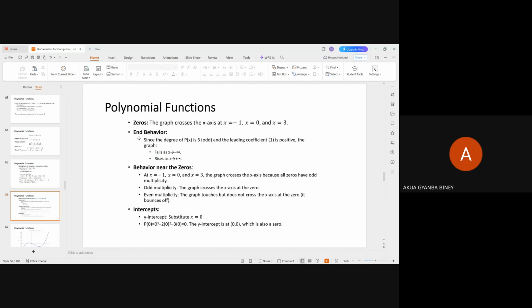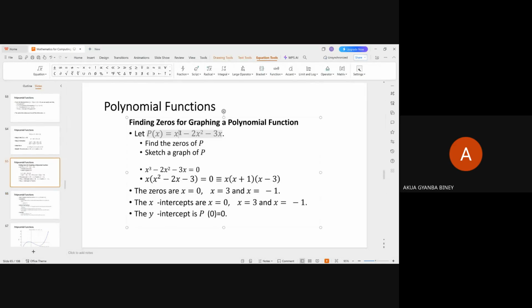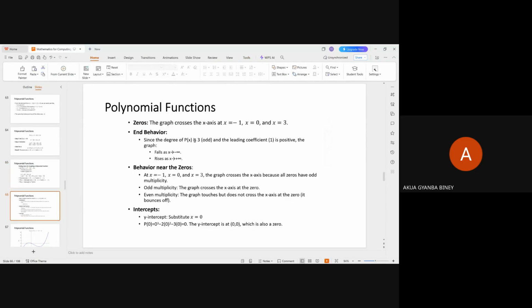Since the degree of the polynomial is 3, if you cast your mind back, this x cubed, the degree is 3, which is odd, and the leading coefficient is 1, positive. The graph will fall as x approaches negative infinity.